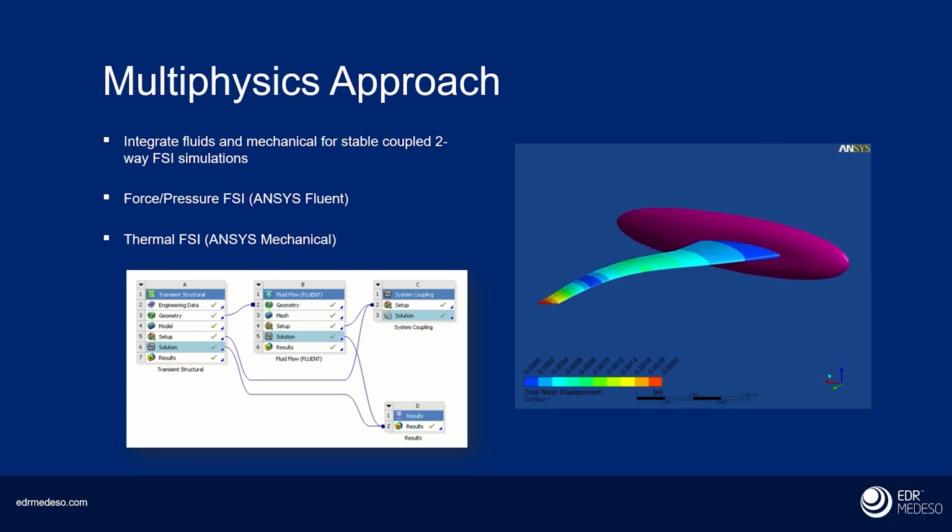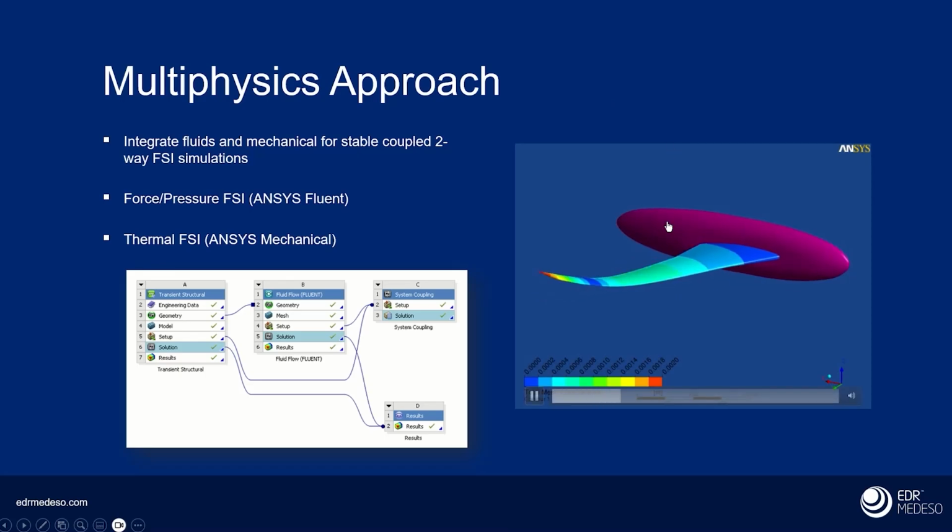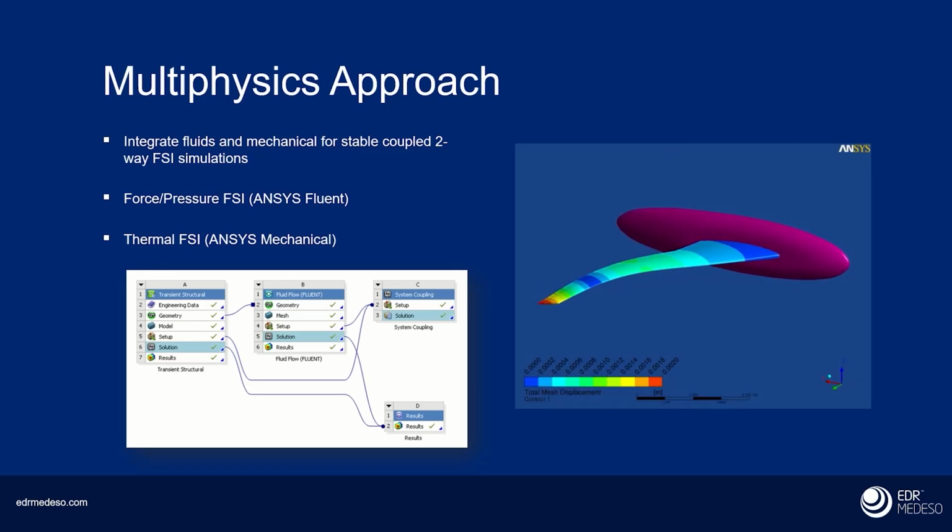So as you can see here, where we have large deformations, this would be a two-way FSI analysis. The operating environment in Ansys makes this really, really easy. You can just drag and drop different analyses onto each other, and they will just pass the data between them.